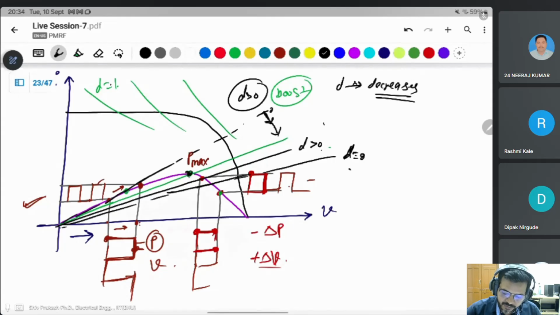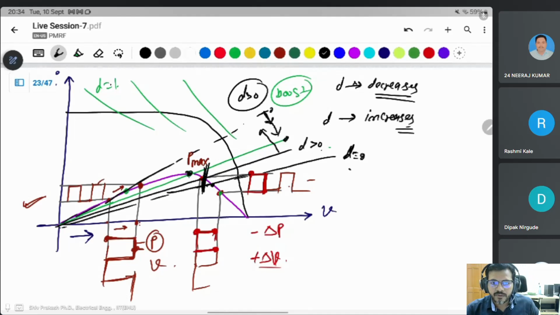If you are here, on the right side of the P max for the boost converter, you want to go to the top or go to the P max on this line, then the duty cycle is simply increasing in this condition. In that phenomenon, you can take action on how to increase and decrease for the buck converter and boost converter.